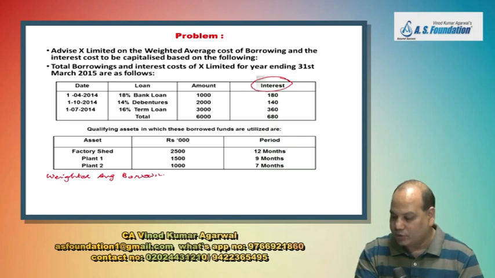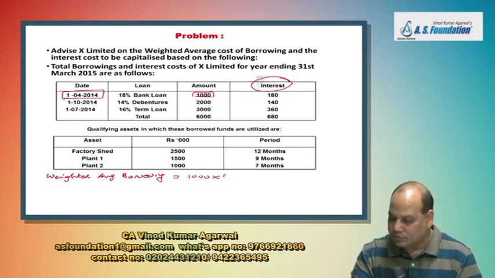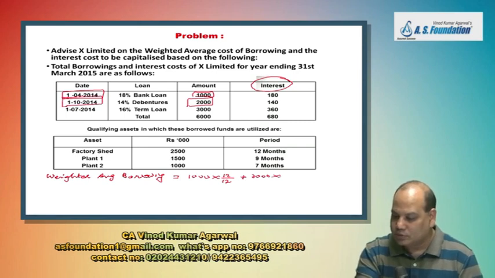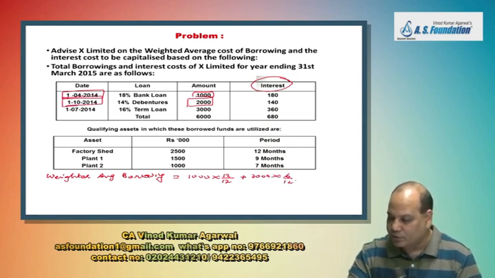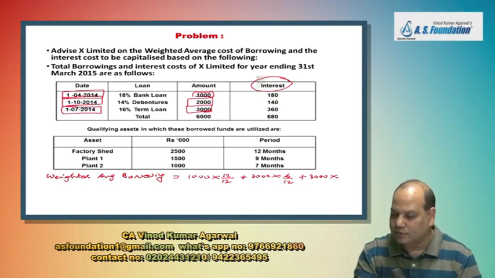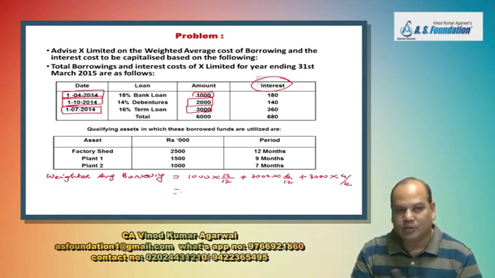Weighted average borrowing will be equal to, see this 1000, and for how many months is this outstanding? 12 months, into 12 by 12. Then take this 2000, into how many months is this outstanding? 6 months, into 6 by 12. Then take this 3000. For how many months is this outstanding? 1st July to 31st March? 9 months. So give me the answer.